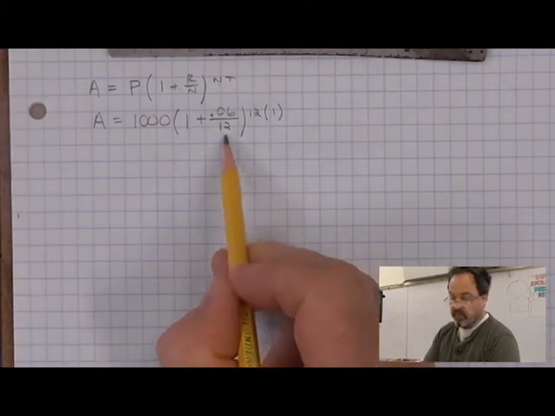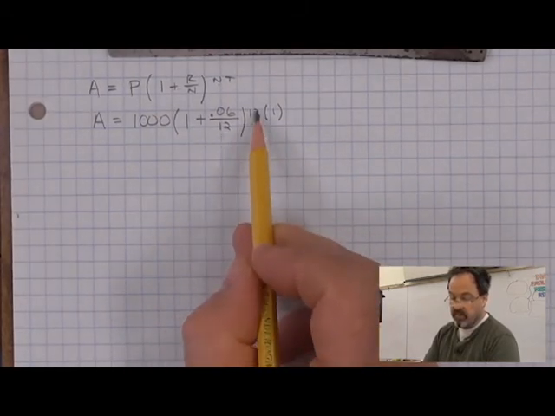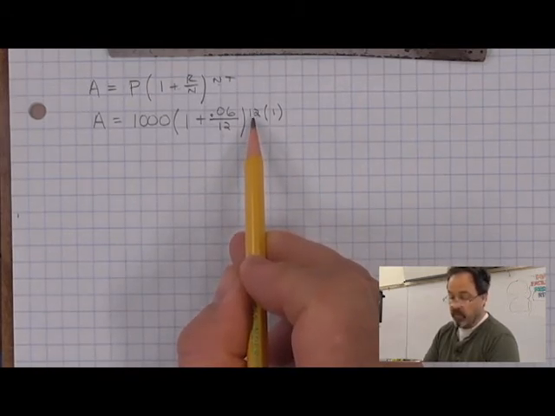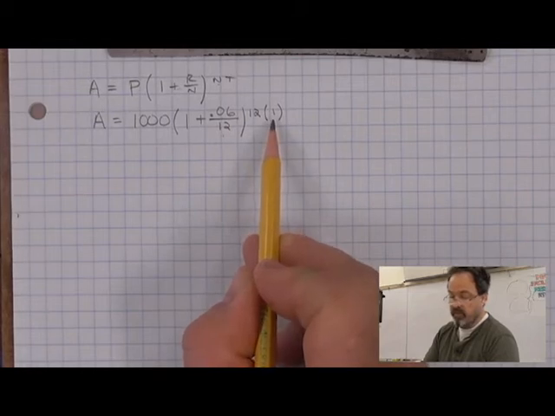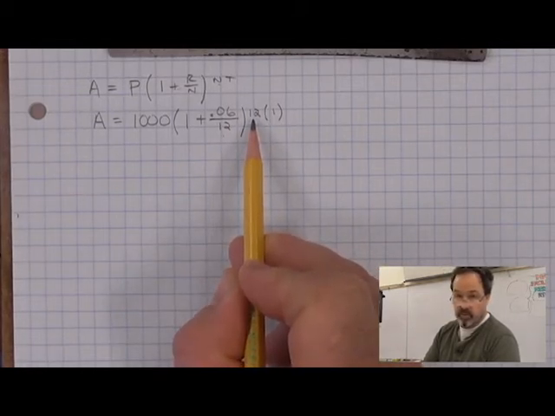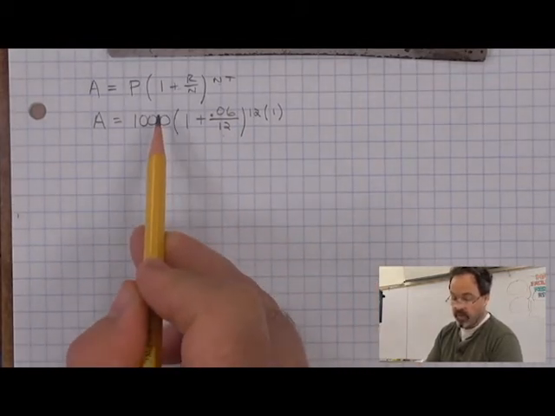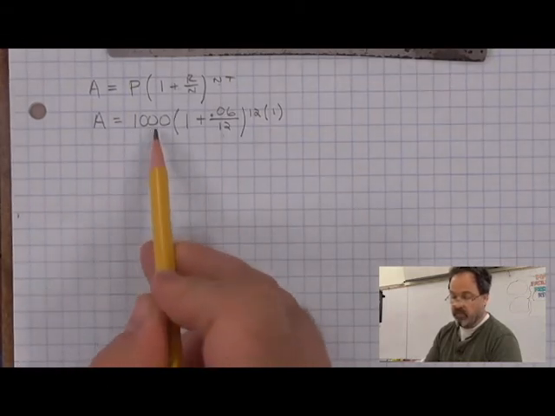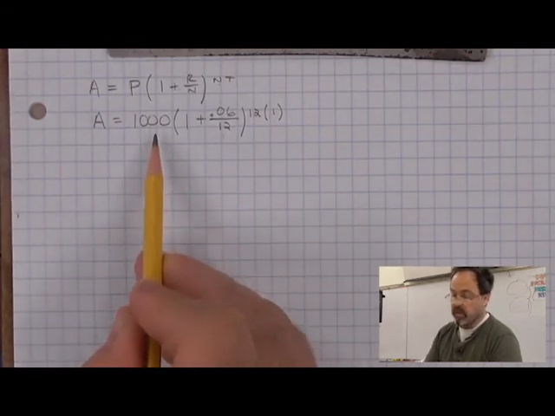Again, N is used twice, and in this example, we're using 12 to be the number of compoundings per time period. If the time period is in years, then this would be 12 times per year, once per month. So we have a formula now for the amount of money that the $1,000 will grow to become in 1 year.